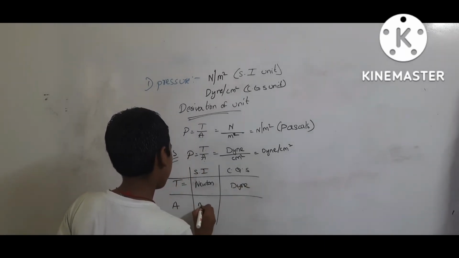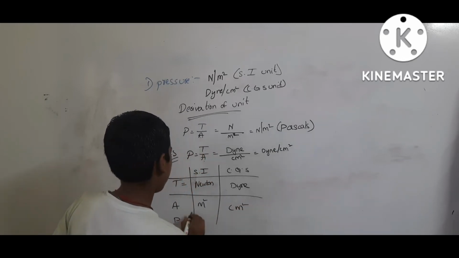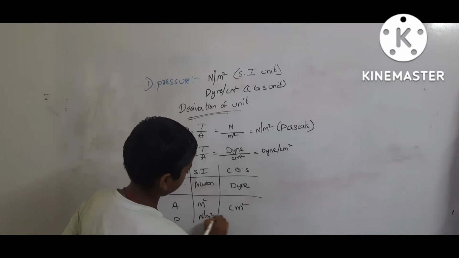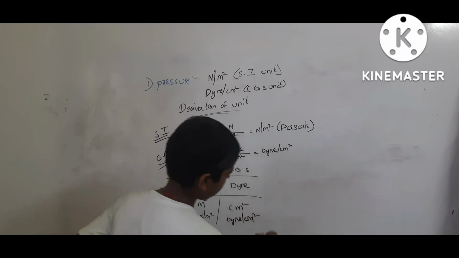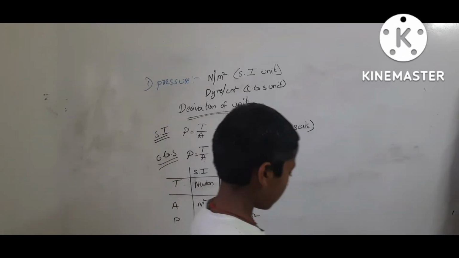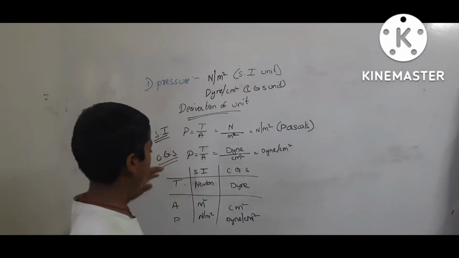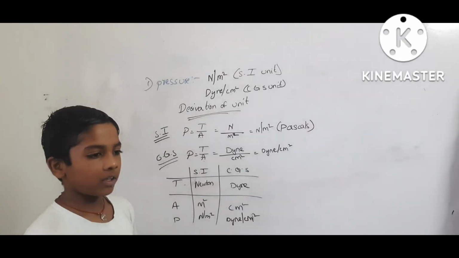Area: meter square, centimeter square. Pressure: N per meter square, dyne per centimeter square. These are the units for the whole pressure lesson. These three units are important.